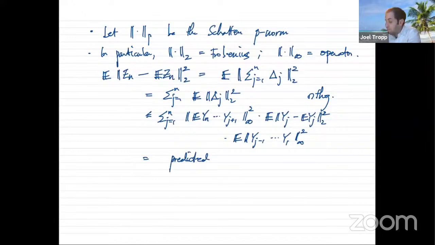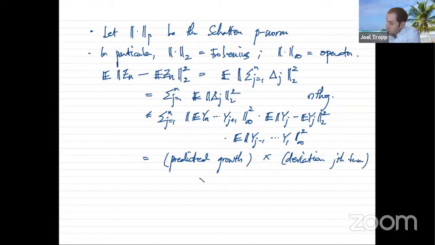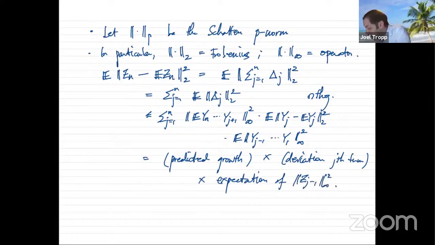You're absolutely right. The first term is predicted growth times the deviation of the jth term times the expectation of the norm of zj minus 1 squared.